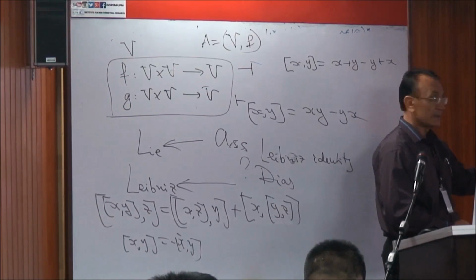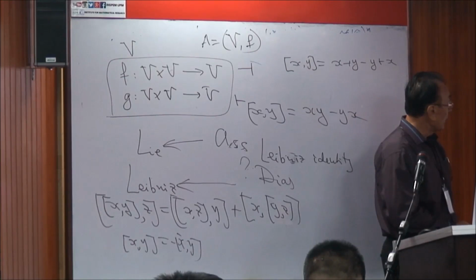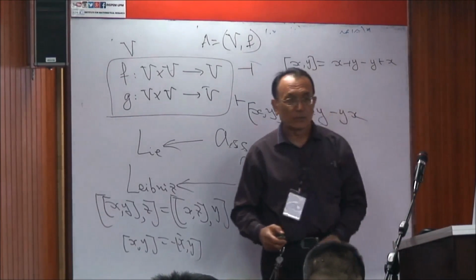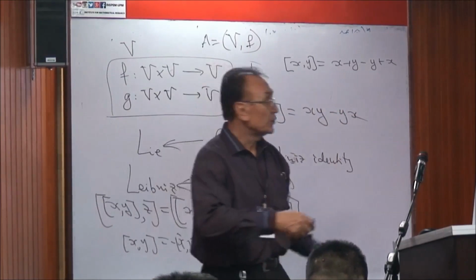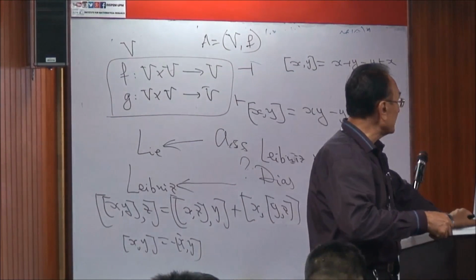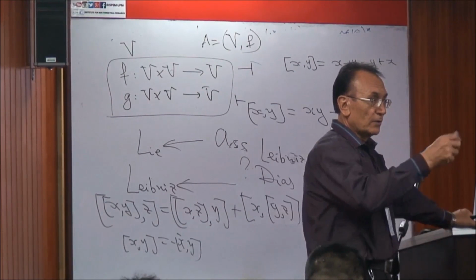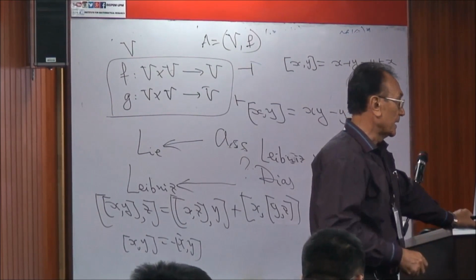Associativity is given, see? Then these two operations are related by these three axioms. So altogether you will have 5 axioms: 2 associative algebra axioms plus these 3 axioms which relate the 2 operations.